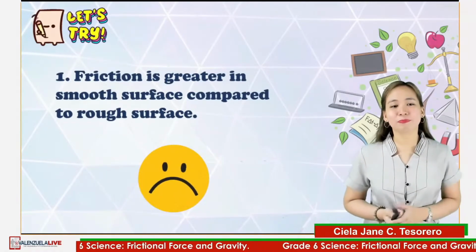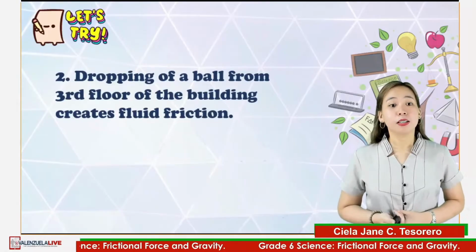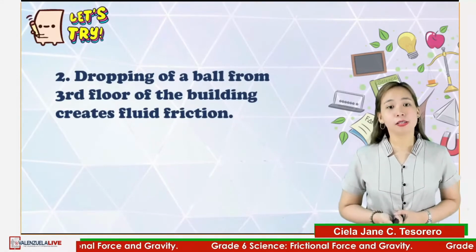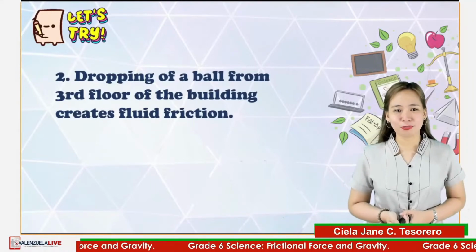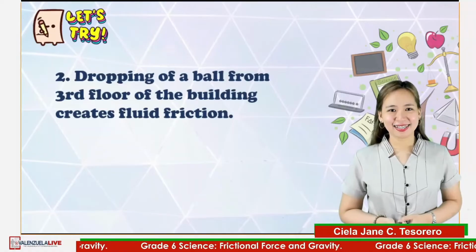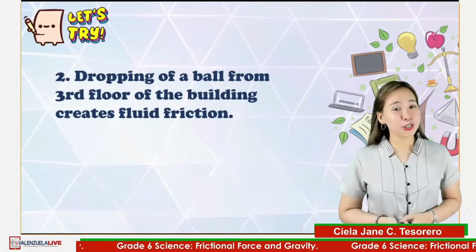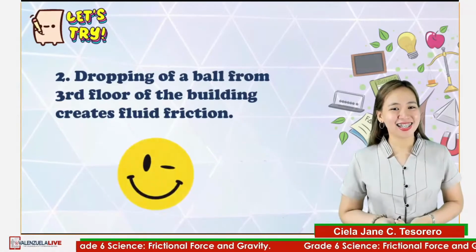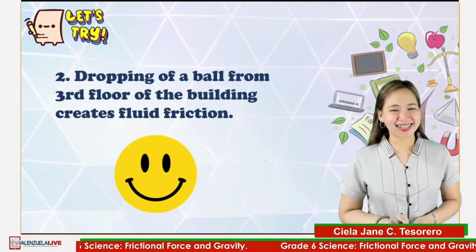Good job. Second, dropping of a ball from the third floor of the building creates fluid friction. So what is your answer? If your answer is smiley face, you got it right.